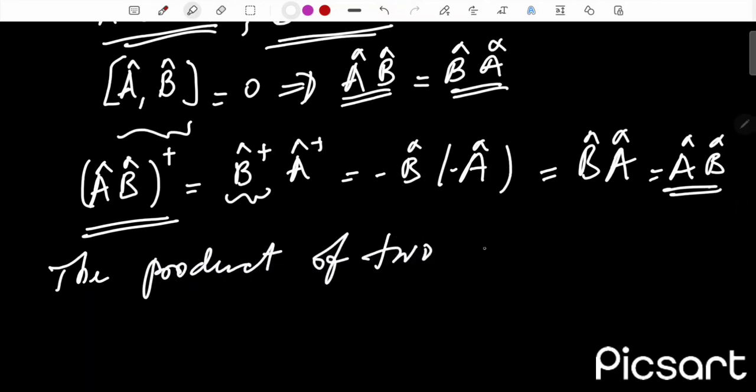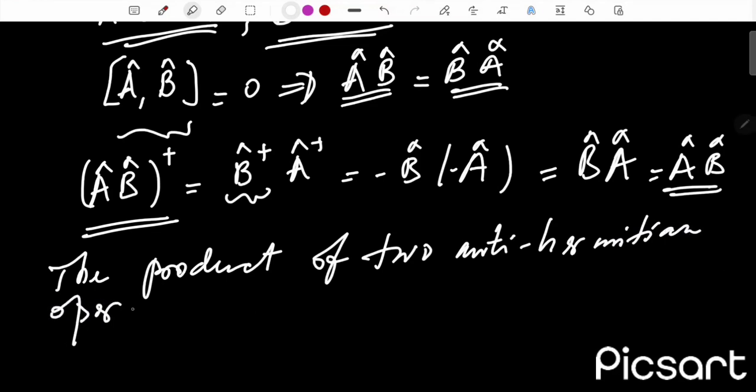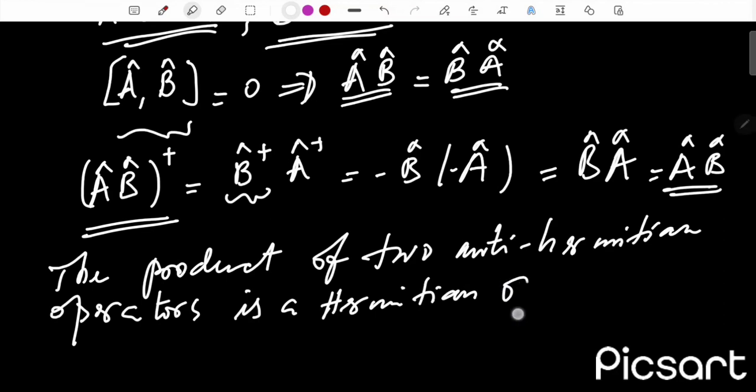Then this actually means that the product of two anti-Hermitian operators is a Hermitian operator.